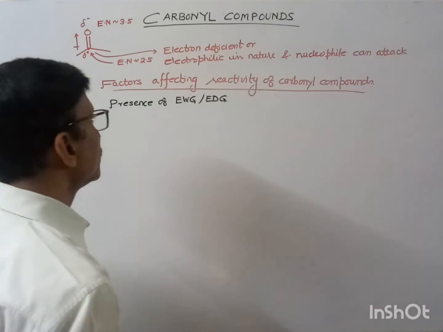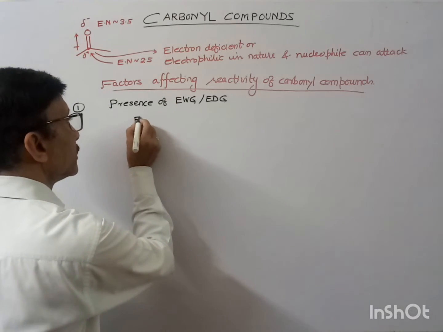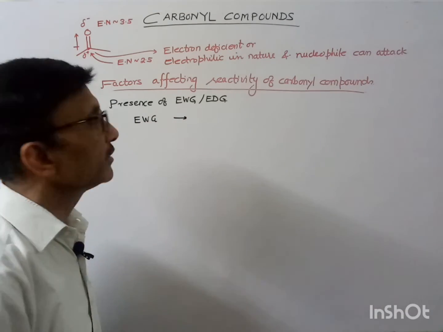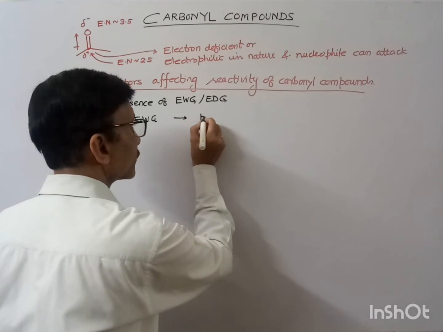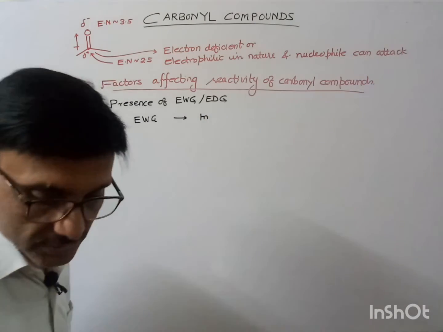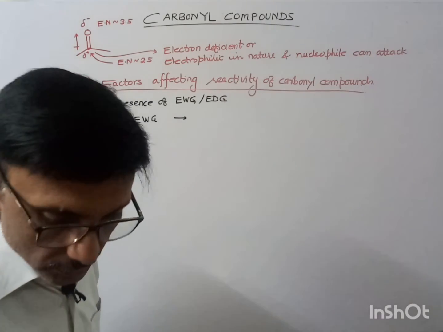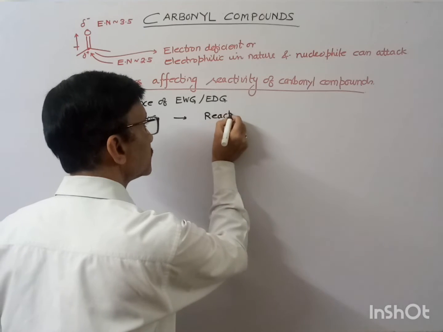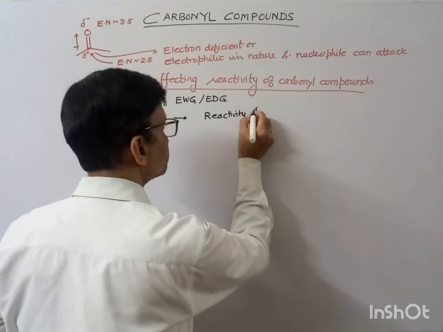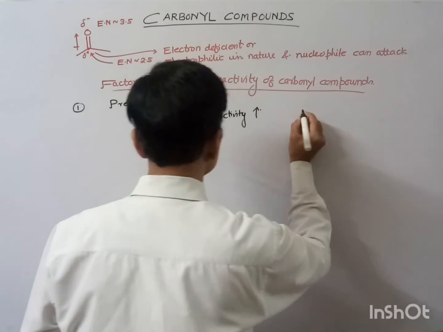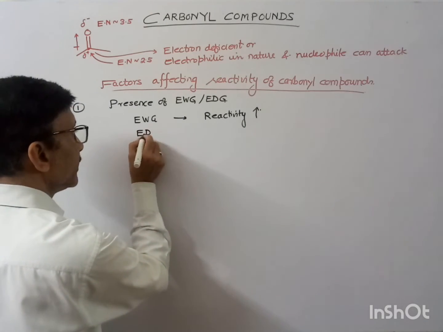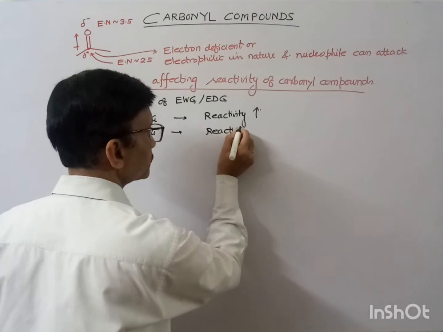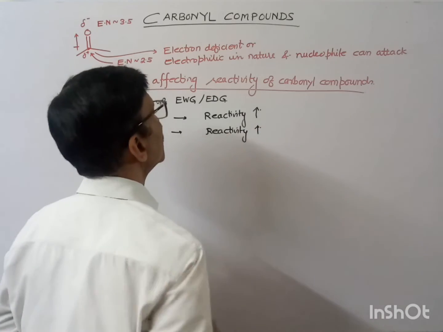Now, suppose we have an electron withdrawing group, then it increases the reactivity. If electron withdrawing group, reactivity increases, and if electron donating group, reactivity decreases. Why?